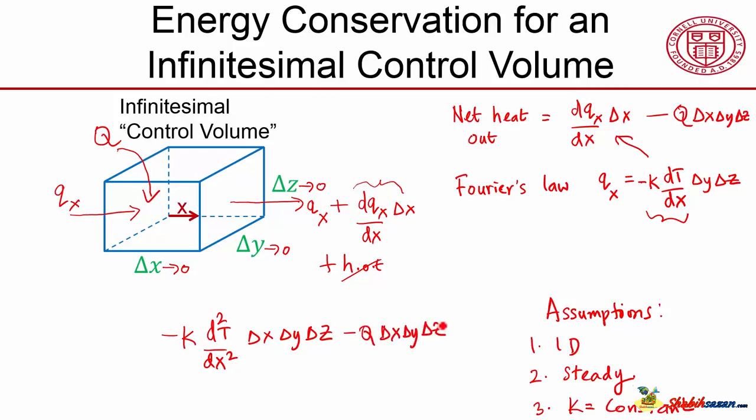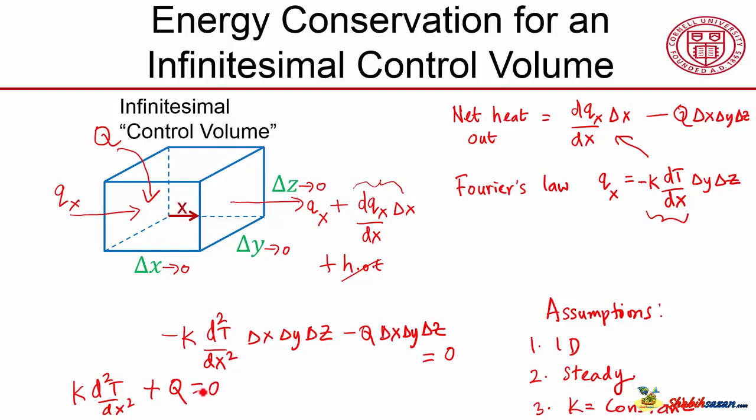If I bring that in here, I'll get minus Q delta x delta y delta z. If energy is conserved and I have no other effects, the heat going out minus the heat added should be equal to 0. I can divide through by delta x, delta y, delta z, and I'll get my final governing equation, which will look like K d squared T by dx squared plus Q is equal to 0.